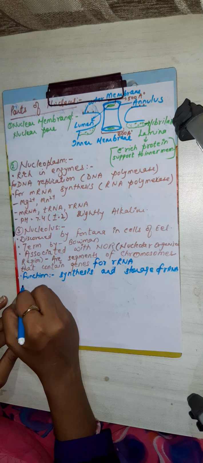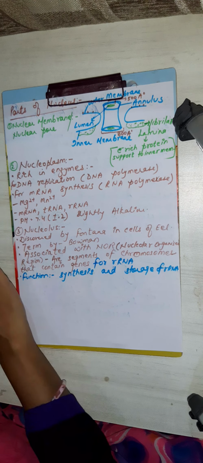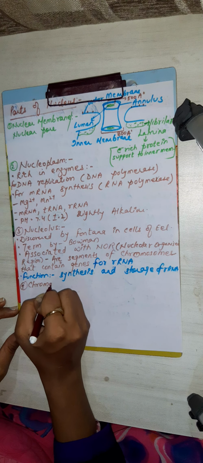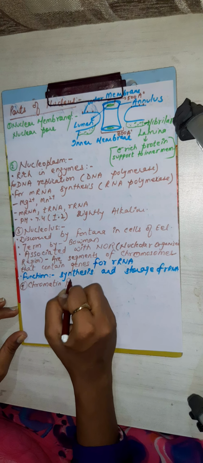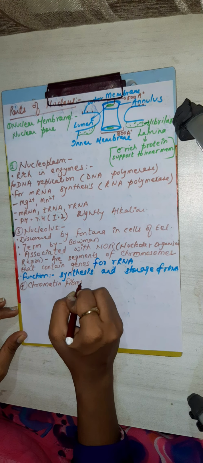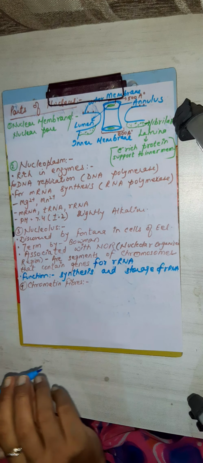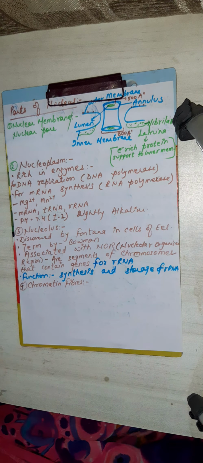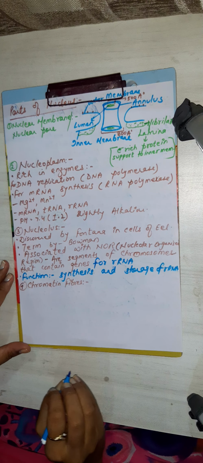Next, the fourth one is chromatin fibers. Chromatin fibers were discovered by Fleming.